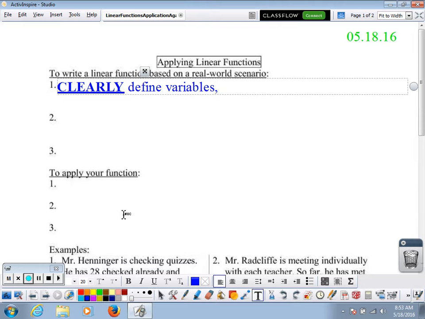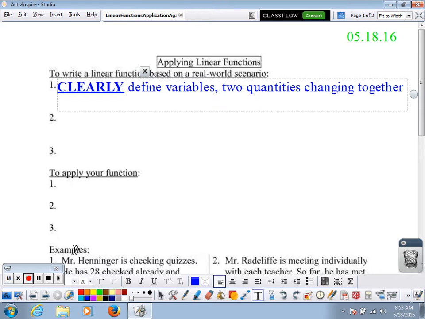The variables in a linear function are going to be the two quantities that are changing together. Two quantities that are changing together. Okay, so they're probably not going to have numbers attached to them. They're going to be the two things in the story that are changing throughout the story. They're not constant, they're changing. That's why they're called variables.